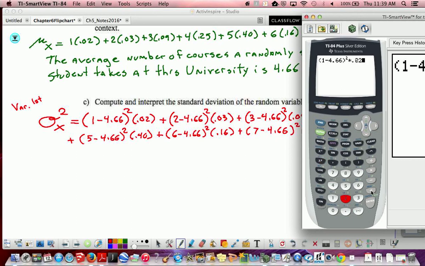Then I write the second one. So I go plus 2 minus 4.66 squared times 0.03 plus 3 minus 4.66 squared times, what was it, 0.09?